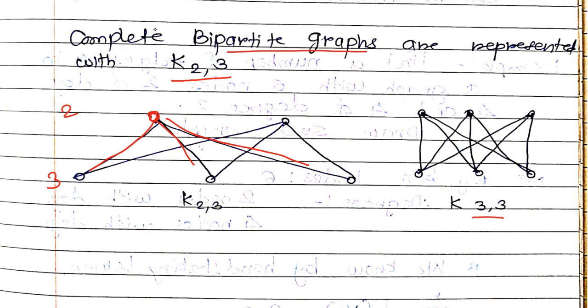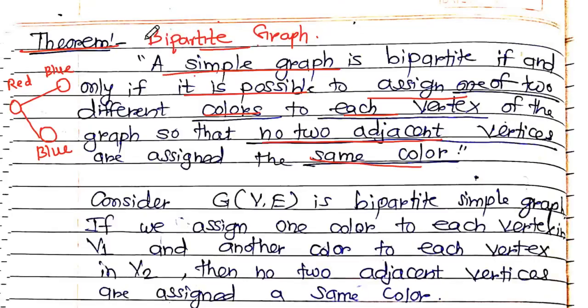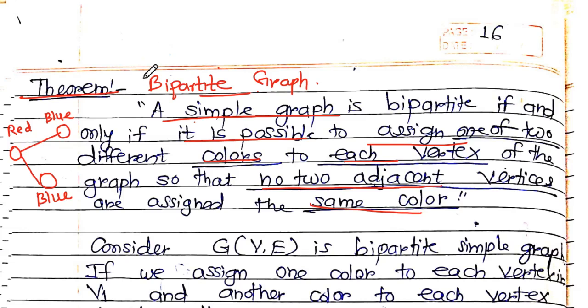Similarly K3,3 has 3 vertices in one set and 3 vertices in the other set, and every vertex is connected to every vertex in the other set. This set will be all red colored and this set all blue colored, so our condition also satisfies. So this was about the bipartite graph and the trick of coloring it. Hope you understood. Thank you.